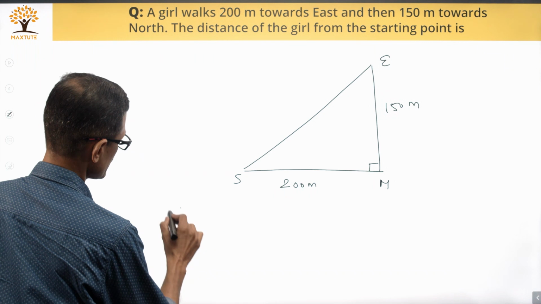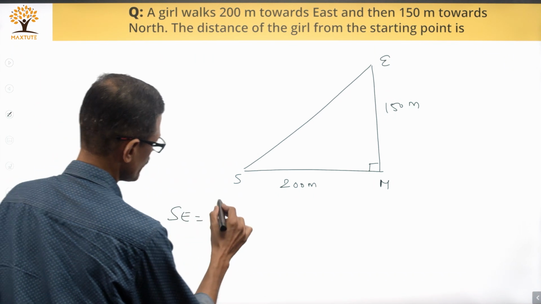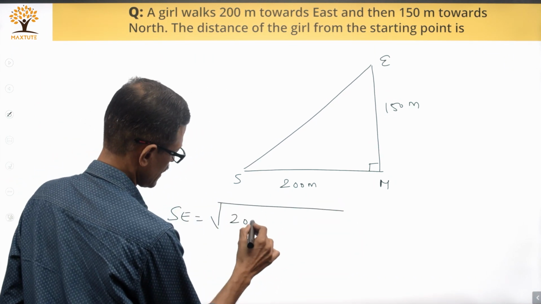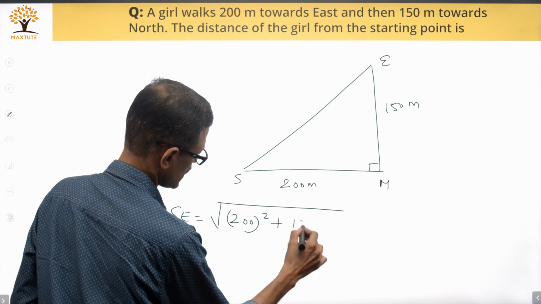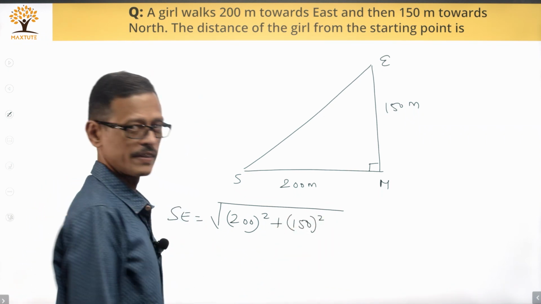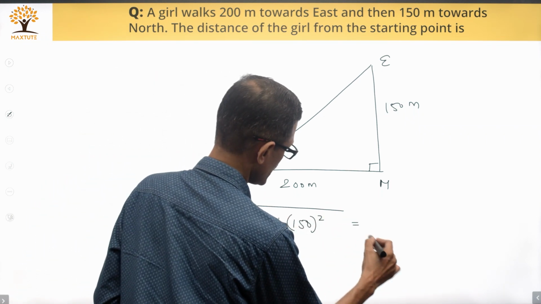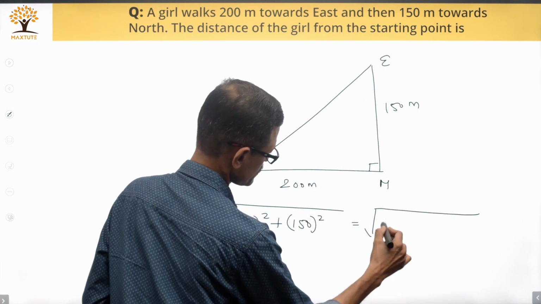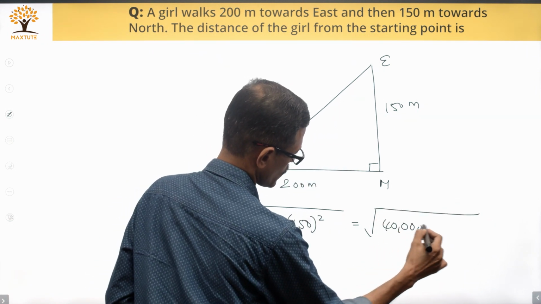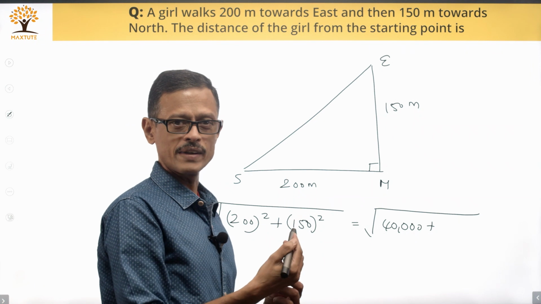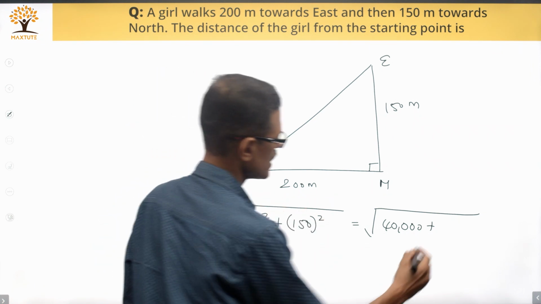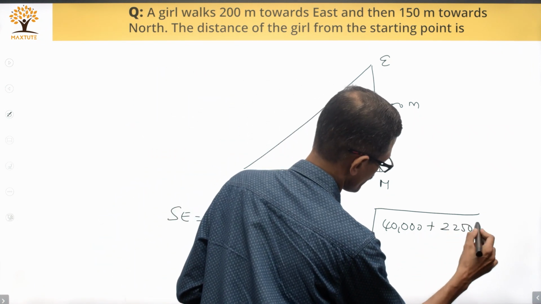We'll have to find out the hypotenuse. So SE is equal to square root of 200 square plus 150 square. 200 square is equal to 40,000. 150 square, 15 square is 225, add a couple of zeros, which will make it 22,500.